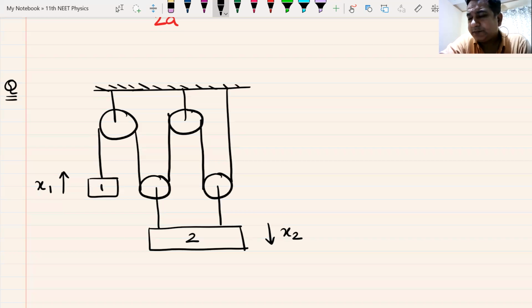Are you trying the question? Great. You have to get the relation between X1 and X2.